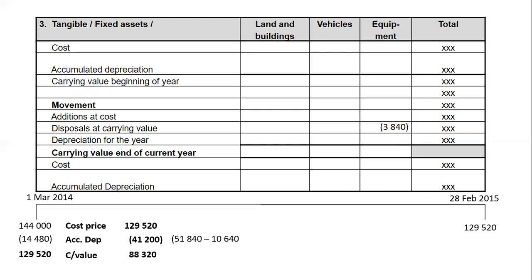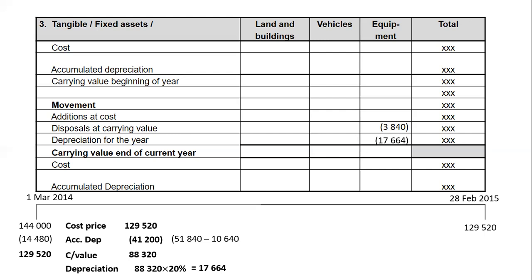So this is the carrying value of equipment that we still have, that we're still using, that we intend on using. Therefore, we need to calculate depreciation on that equipment, which will be at 20% for the whole year because we're using it for the whole year. And that will be 17,664. And you realize that I've included it under equipment as depreciation for the year.